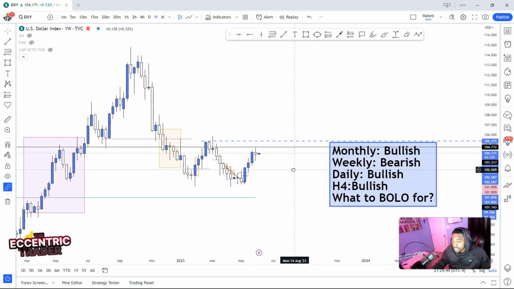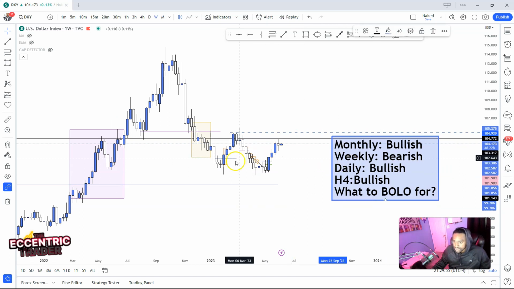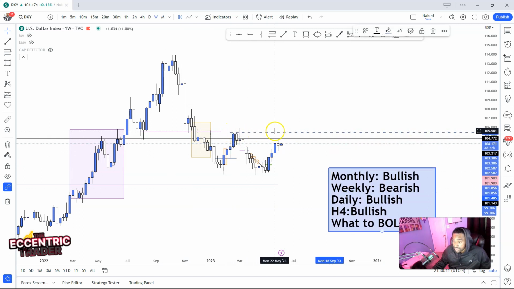It looks like it could form some type of channel going downward, but it's definitely still bearish, because this is a pullback and price failed to push past this level of support right here. It's still in a downtrend based off this market structure, and it will only be bullish if it breaks this level of resistance right here.